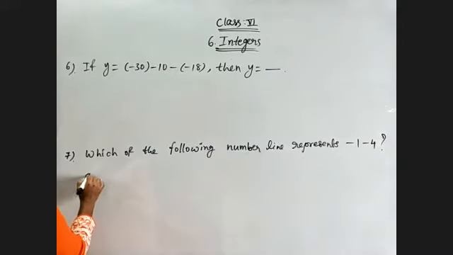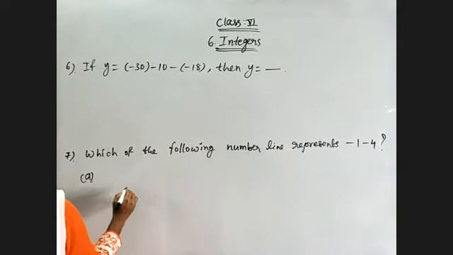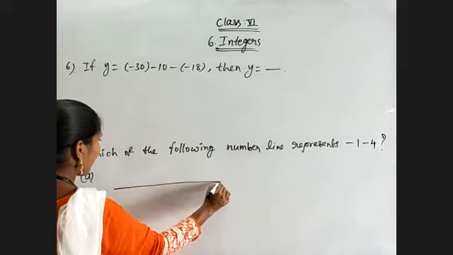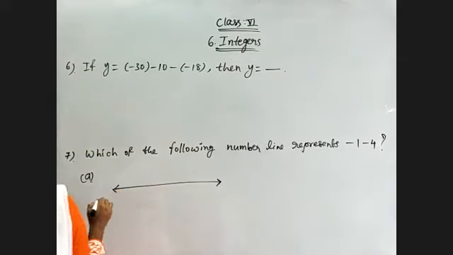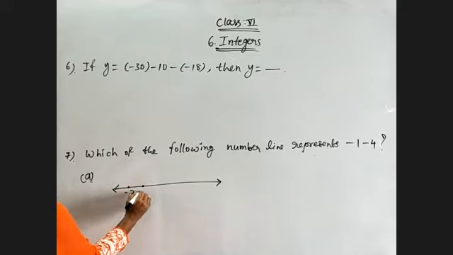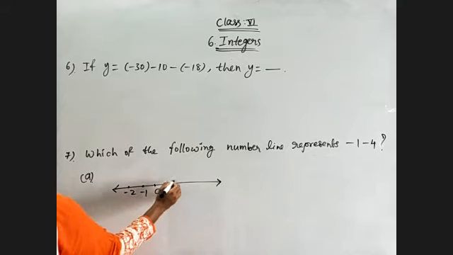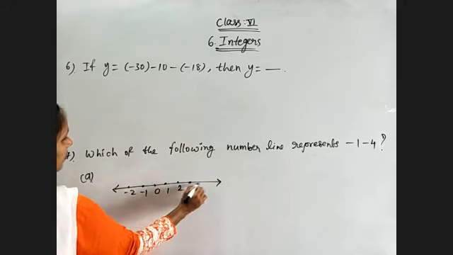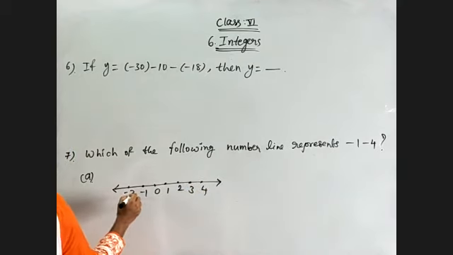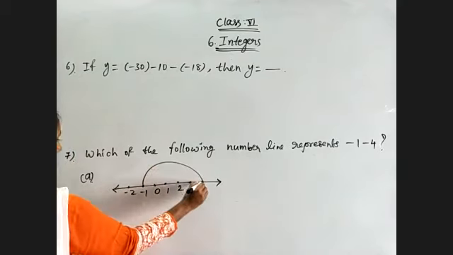So here the options are given: minus 2, minus 1, 0, 1, 2, 3, 4. And here they are denoted like this.